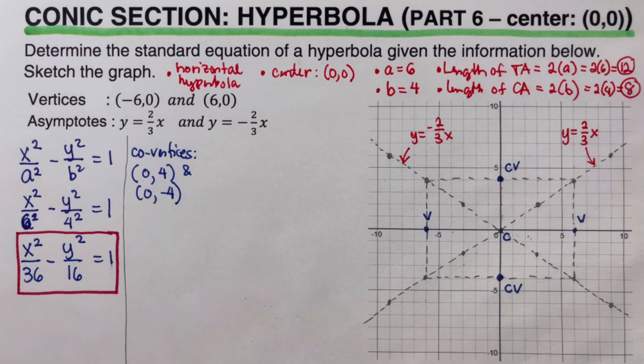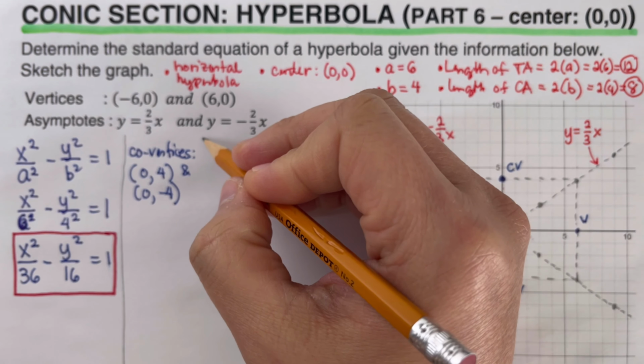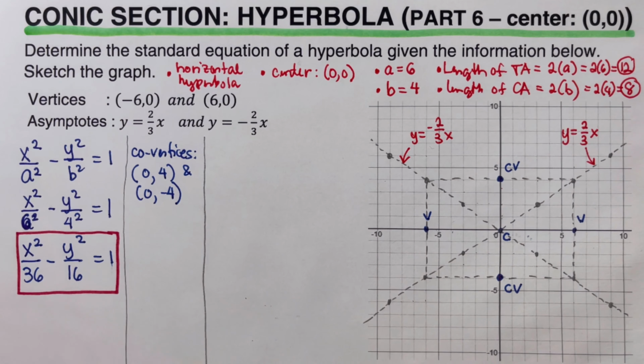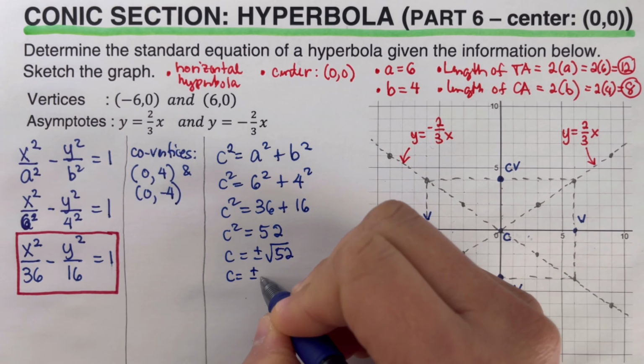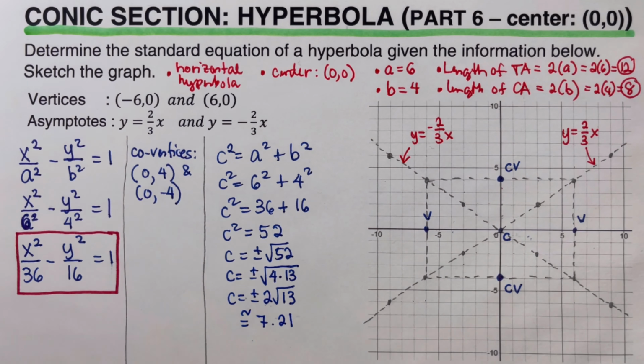So that we can determine the location of the two foci. We remember that the two foci would be located c distance from the center. To determine that distance, we are going to use the equation c squared equals a squared plus b squared. So that we can show that work up here. Okay, so our c value is plus or minus 2 square root of 13, or in decimal, it's 7.21.